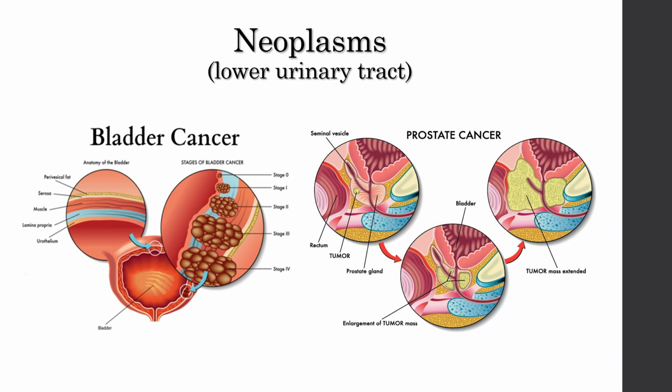Prostate carcinoma typically arises from glandular epithelium, most often in the peripheral zone of the prostate. Classic histologic features include small crowded glands, loss of basal cells, prominent nucleoli, and as tumors enlarge, they may compress the urethra, extend into surrounding tissues, and invade bladder or rectum in advanced stages.